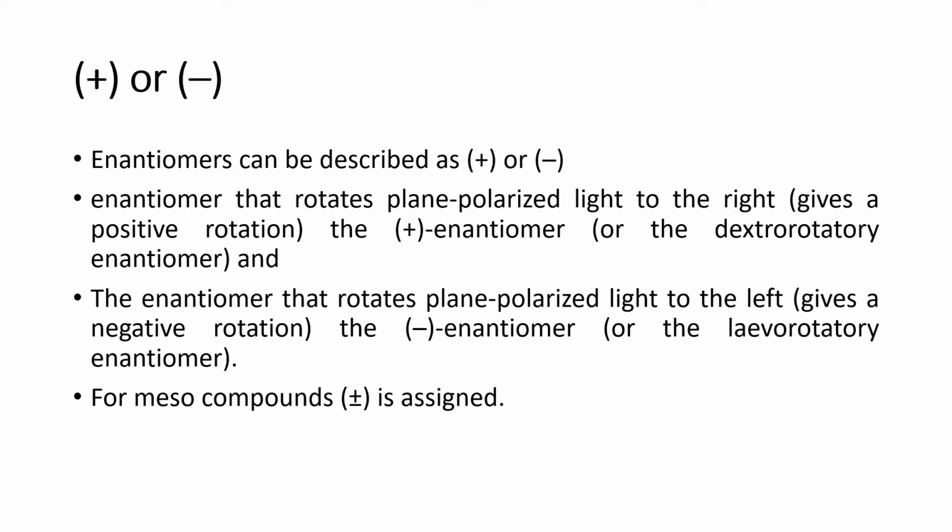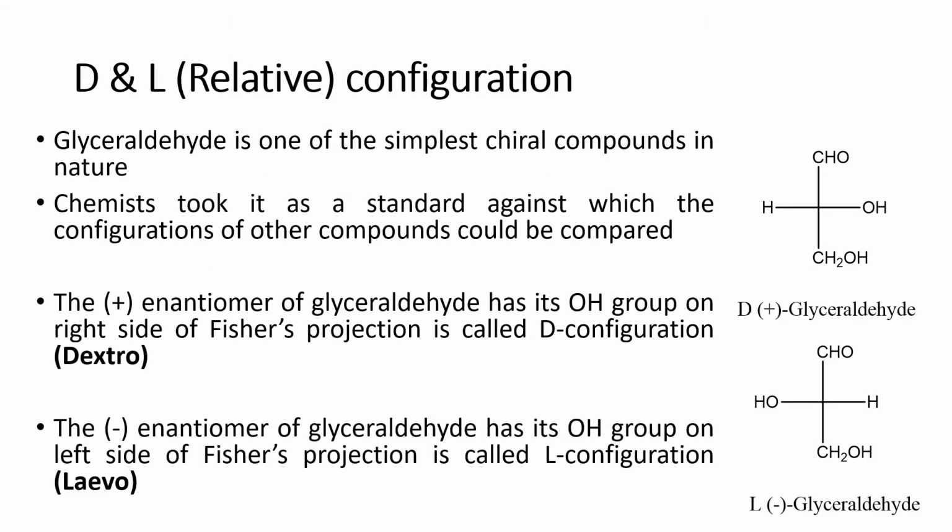Or a racemic mixture, which has both the enantiomers in equal quantity, that is 50-50%, is also given the symbol plus or minus in brackets. So this is the first nomenclature, which we assign for enantiomers. This is only given for the enantiomers which can rotate the plane polarized light.